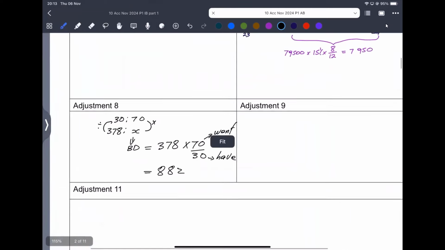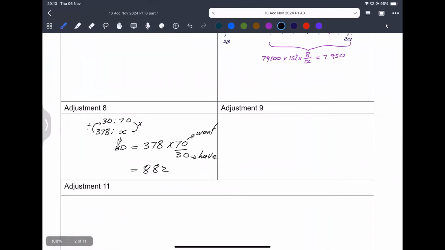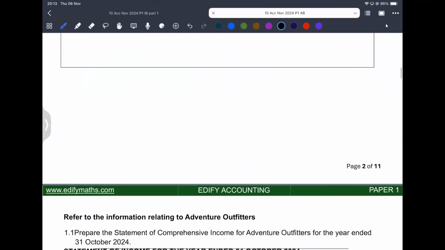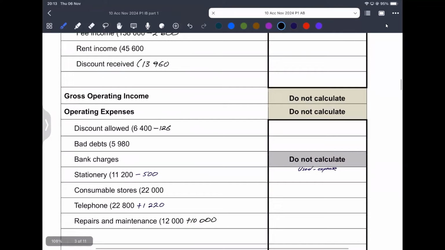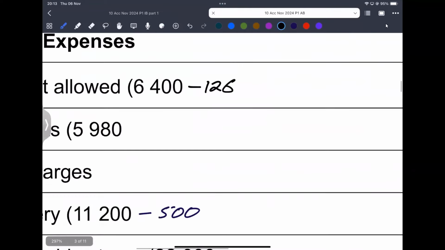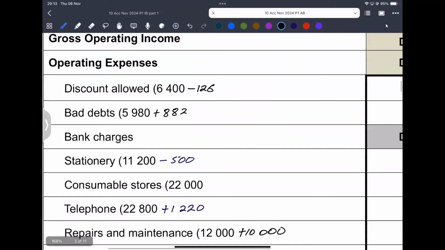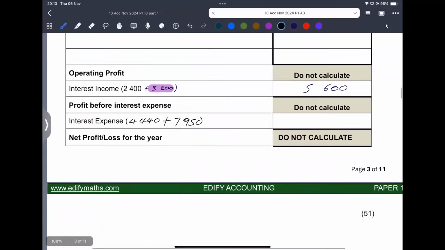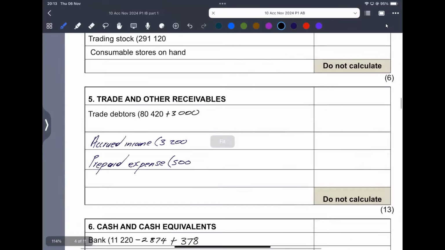What do we do when we recognize bad debts? We debit the bad debt itself and then we credit debtors control. So that's what we're going to do. I'm going to go to bad debts and add that amount. And the amount that I need to add will be 882. And then I'm going to go to my debtors control, and when I get there, watch out.